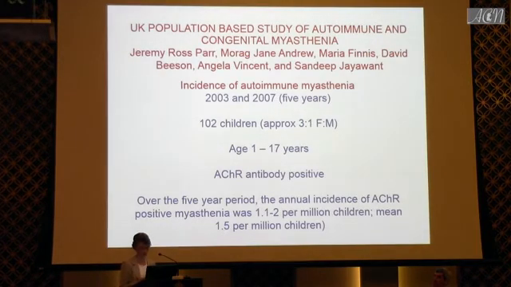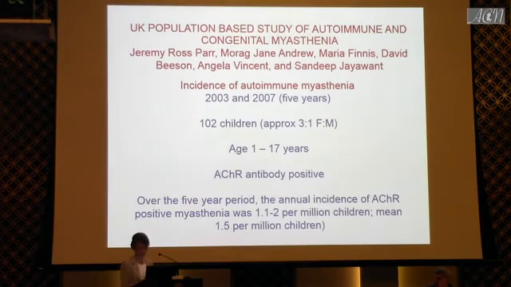So we've recently done a population study of childhood forms of myasthenia, and that was with these colleagues, particularly Jeremy Carr and Sandy Jarrett, both pediatric neurologists. And it's over 5 years, and we identified 102 children in the UK with a female to male ratio of 3:1, age 1 to 17, and these were the ones that did have the AChR antibodies.